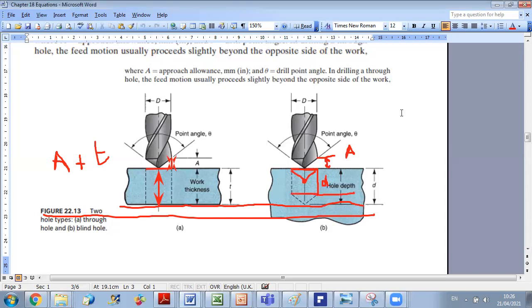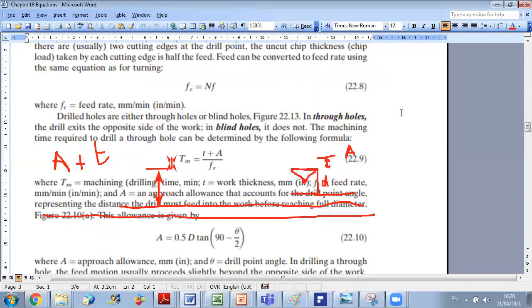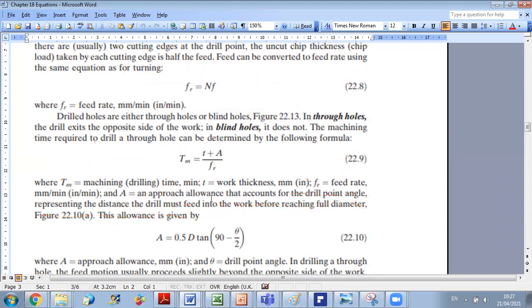Now we will have to determine what is the approach distance. The approach distance will be a function of the geometry of the drill. Okay, so it will be a function first of the diameter of the drill and the corresponding angle theta, because you have a certain angle theta for your drill.